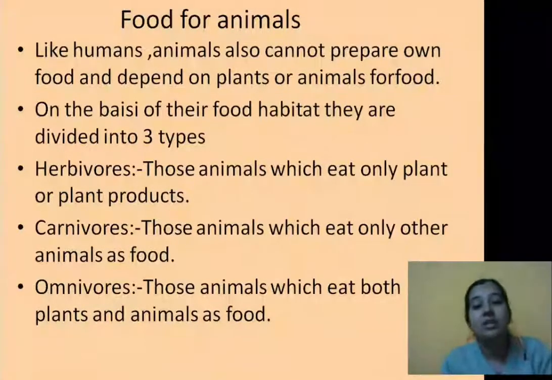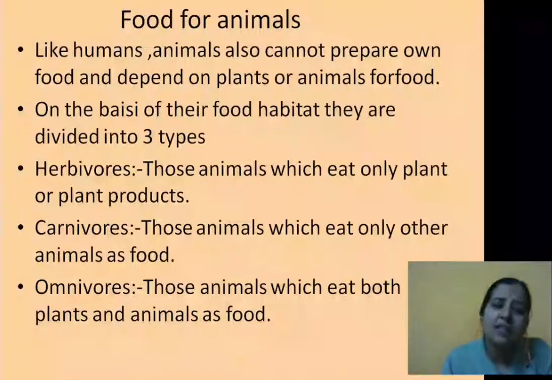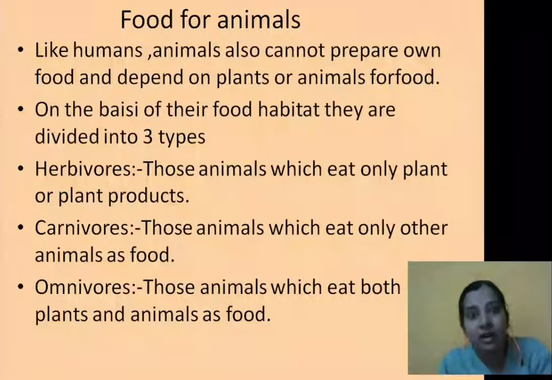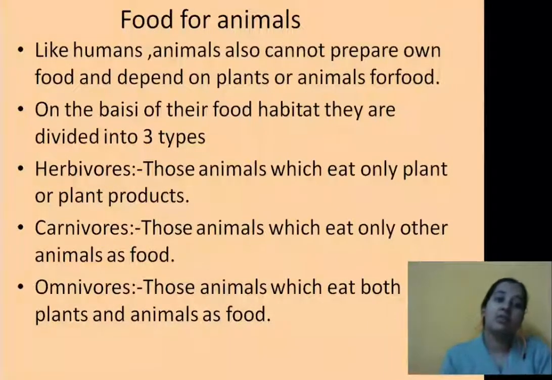These are the animals which eat only other animals as their food. Tiger, lion, cheetah, jaguar, fox. You have so many there, right? So they are carnivorous.